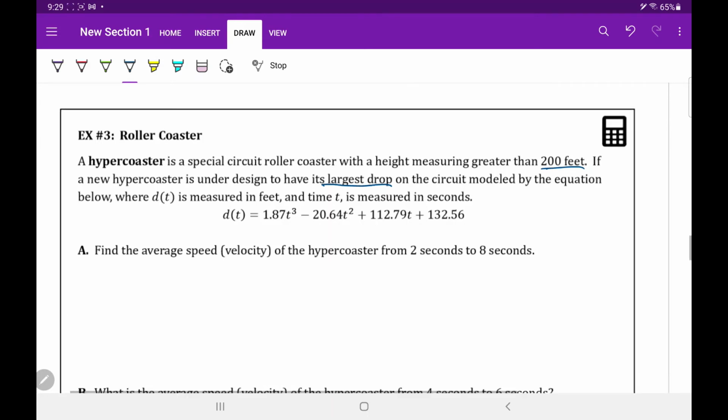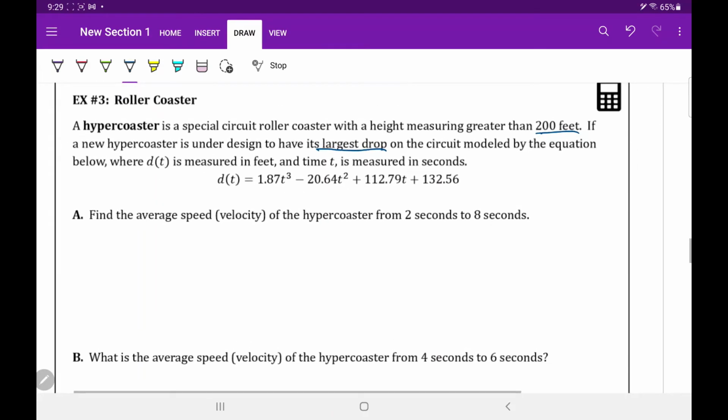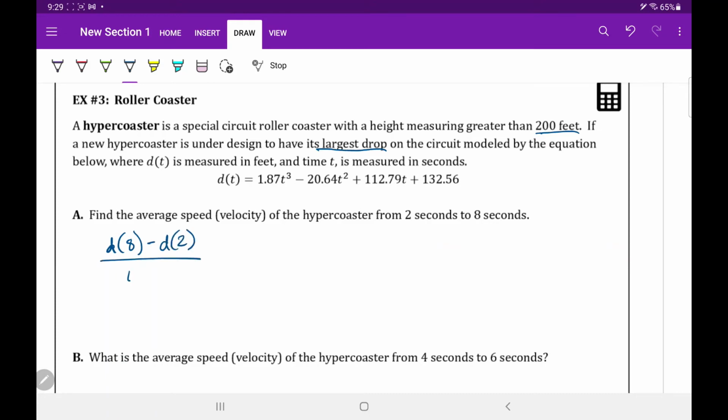So this is where we're going to go back to that formula we were using. In this case, it's d of t. So we're going to have d of 8 seconds minus d of 2 seconds over 8 minus 2. This is my delta.